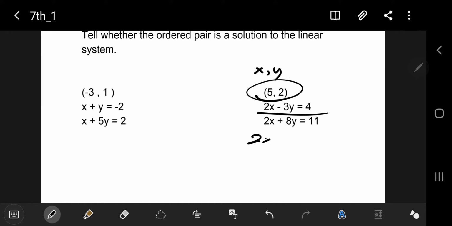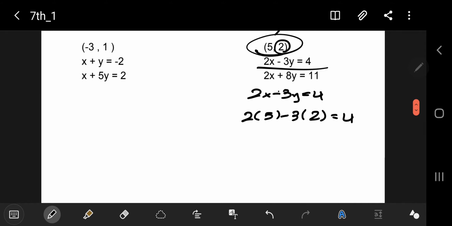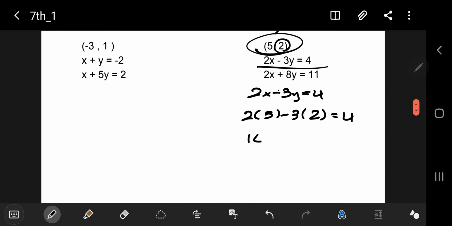So we have 2x minus 3y is equal to 4. Now let's input it. 2 times 5, minus 3 times 2, is equal to 4. Now let's do this. 2 times 5 is 10, minus 3 times 2 is 6, is equal to 4. That's correct. 4 is equal to 4.